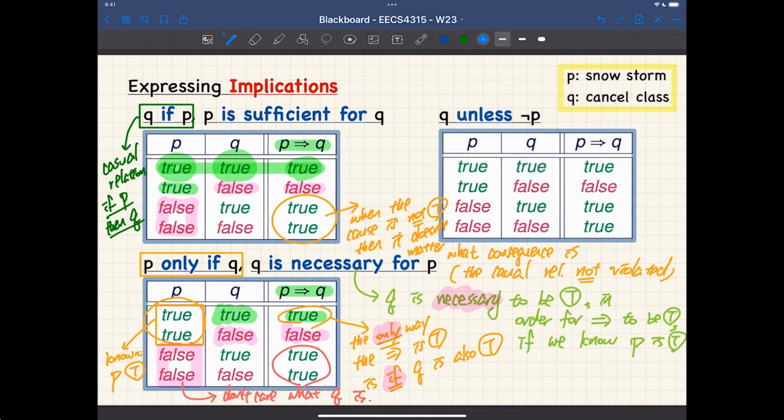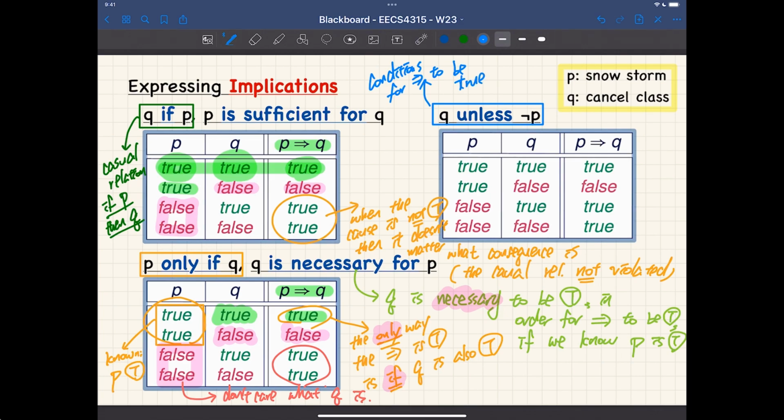Okay, over here, Q unless not P, right? You can think about these two as the conditions for the implication to be true. Let's look at them one by one.